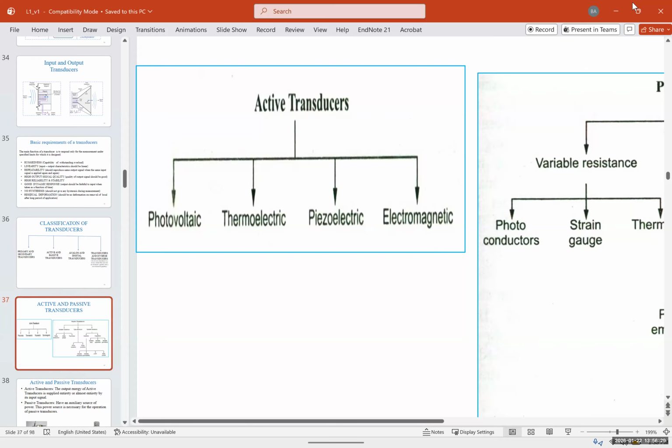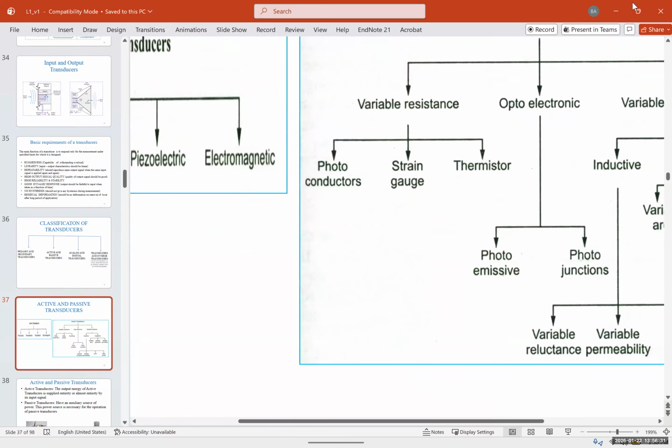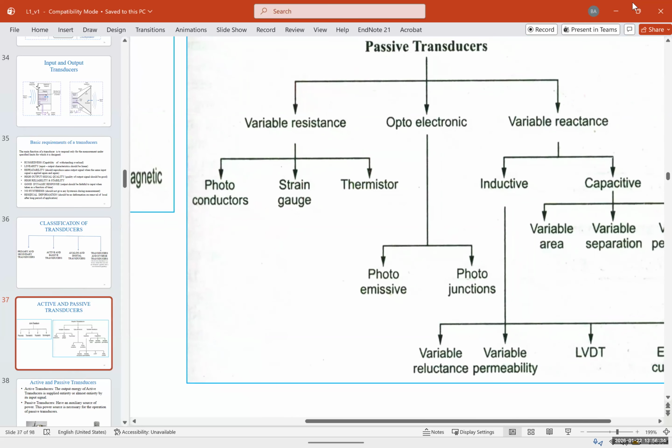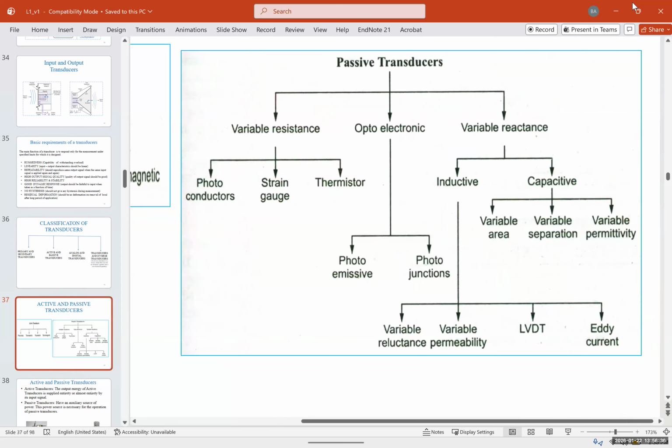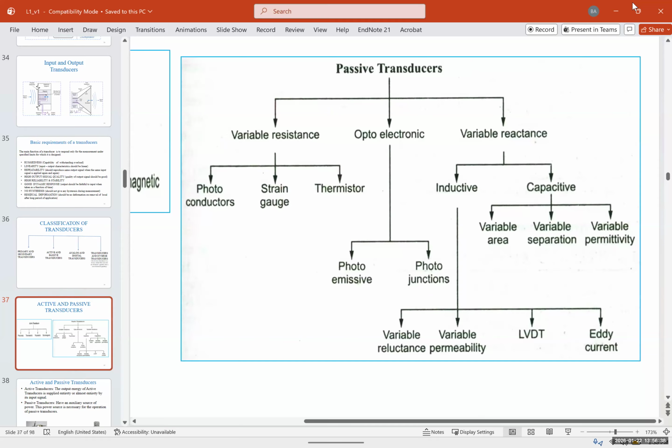So these active transducers have an active element which generates power. And then we have passive transducers, such as variable resistance types like photoconductors, strain gauges, and thermistors. They don't generate their own power. They require an external source of power to be able to measure.